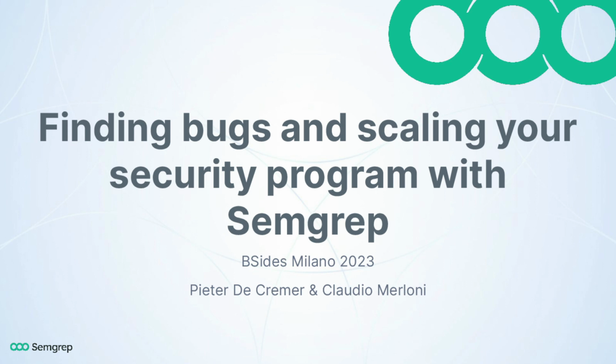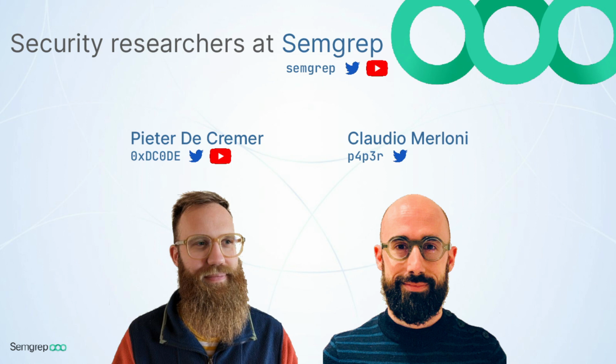Maybe a little bit about us. We are inverting the order; usually he starts and then I introduce myself. I'm Claudio. I started 20 years ago as a security consultant. I used to live here, actually, most of my life.